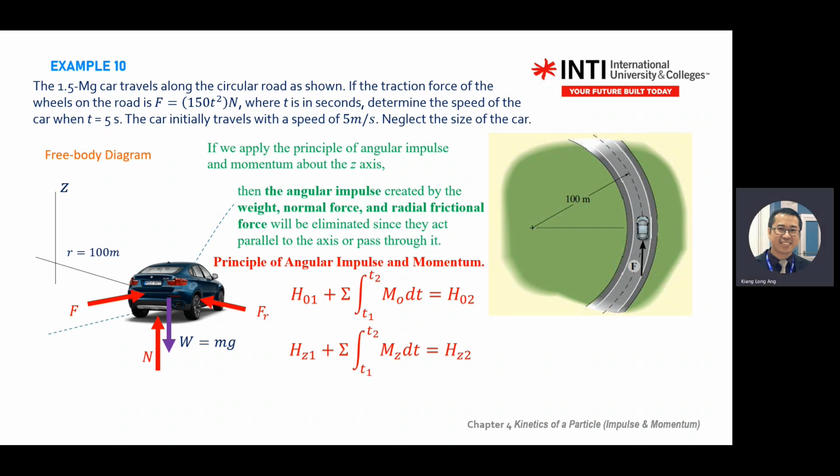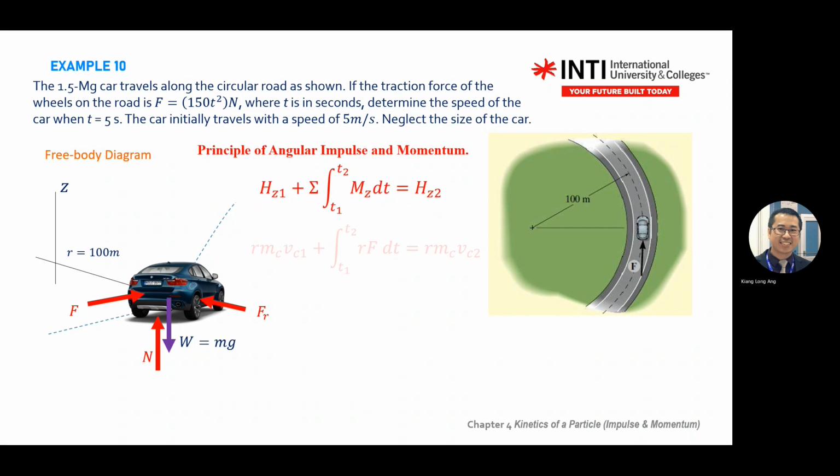Is H pointing up or pointing down? Okay, so your mv is going this way, so it's r cross v, right? So then your z goes up. So you change your angular momentum, which is r cross mv, so r mv in scalar form.